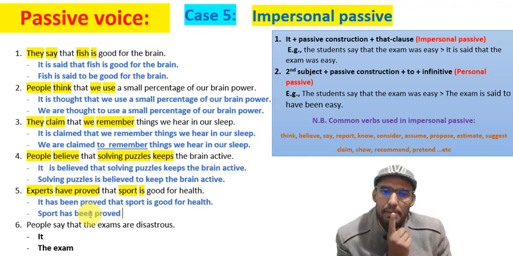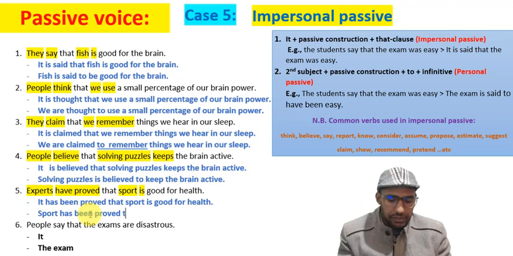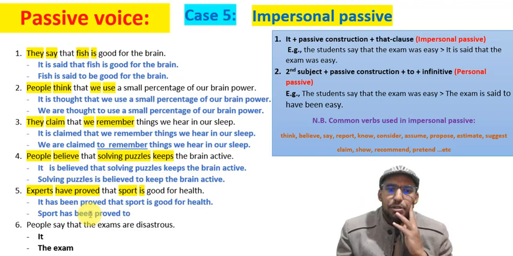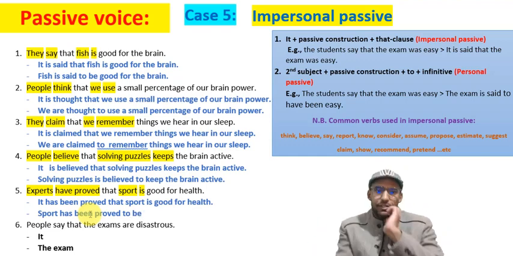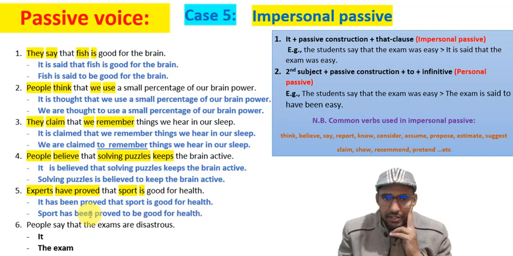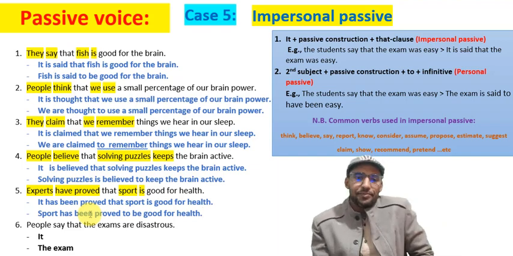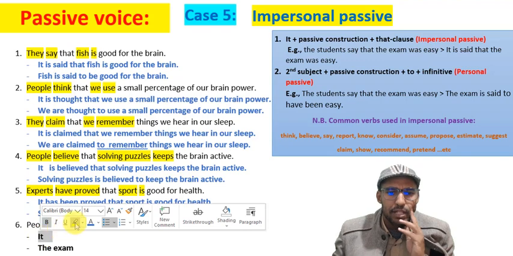Forget about that. So we think about the infinitive. We say sports has been proved to, and the verb to be becomes an infinitive: to be good for health. You see how much easier the transformation is, guys? Good job, great.